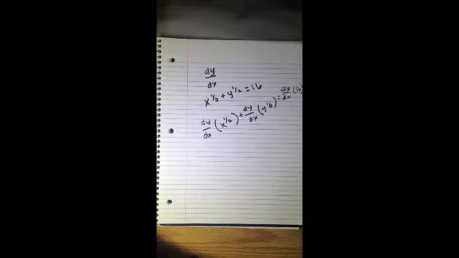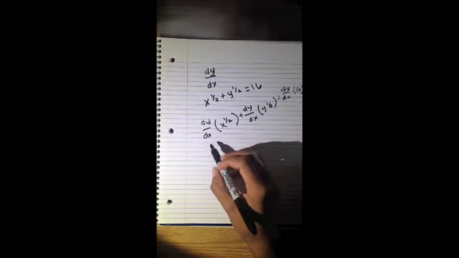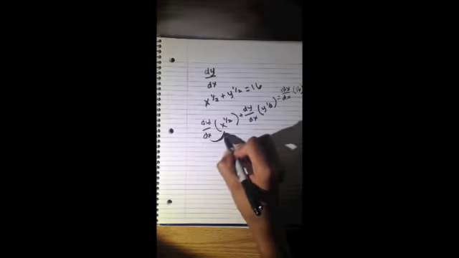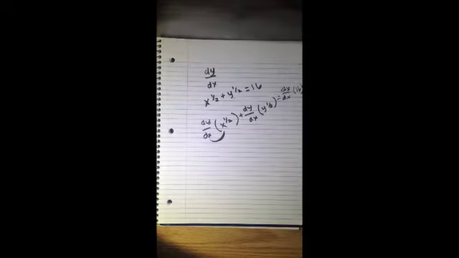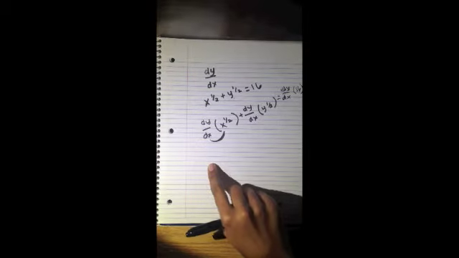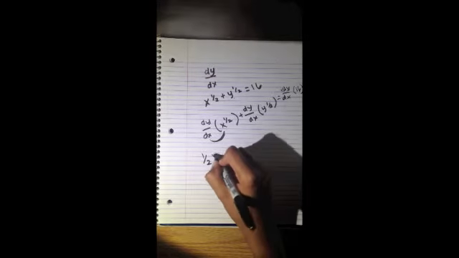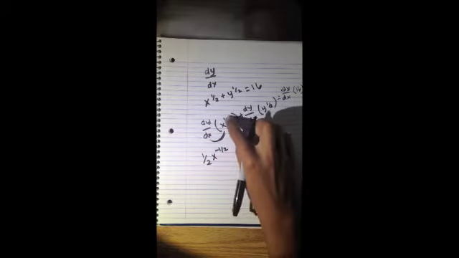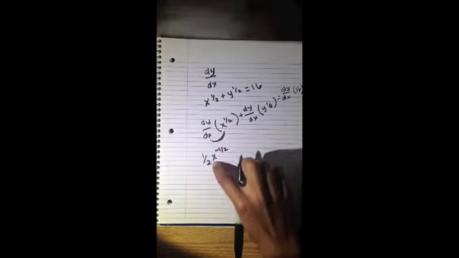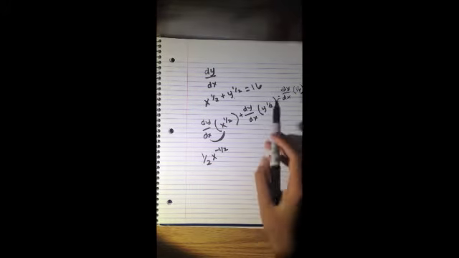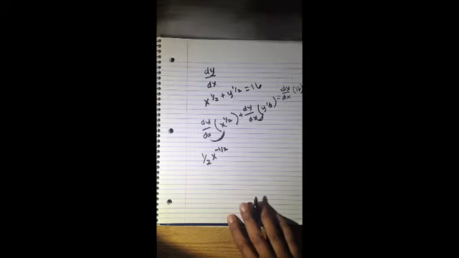Now, if you look at this, since these variables agree, you can use the simple power rule to simplify this. So what you're going to get here is simply 1/2 x to the negative 1/2. We just brought the 1/2 in front and subtracted 1. Simple. Now here, on the other hand, the variables do not agree.